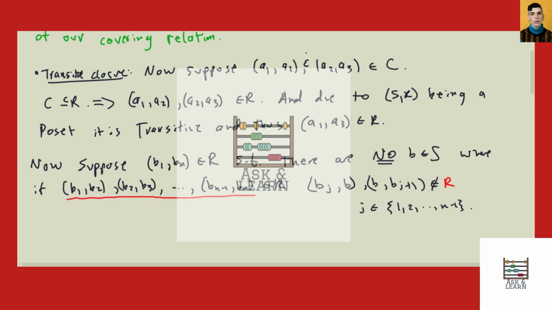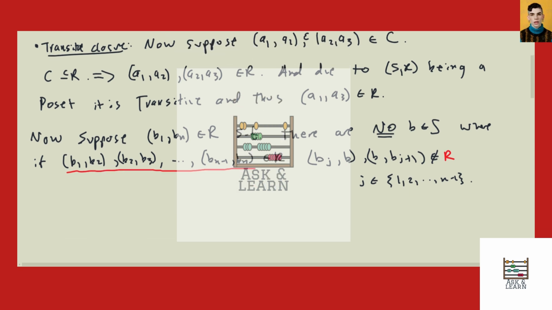So this is the maximal length that we can make, and we can ensure this due to our poset being finite.